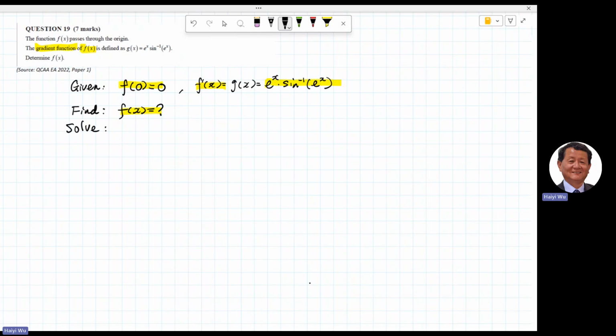Number one, the original function is the integration of the derivative function, so we substitute the expression. Now let's look at this. We've got an e to the power of x inside the inverse sine, which is a composite function.